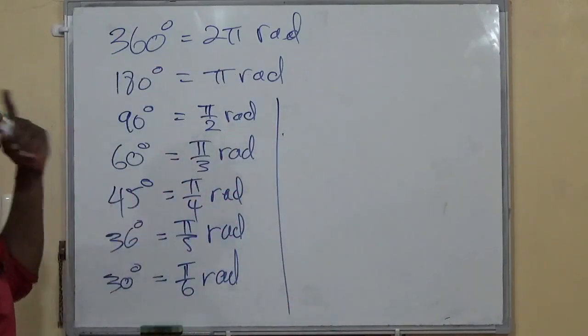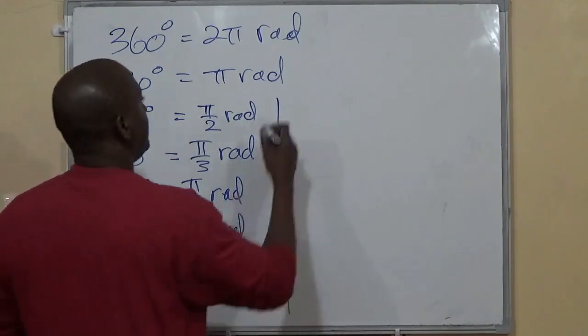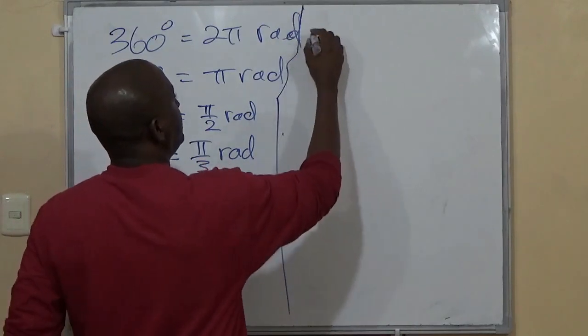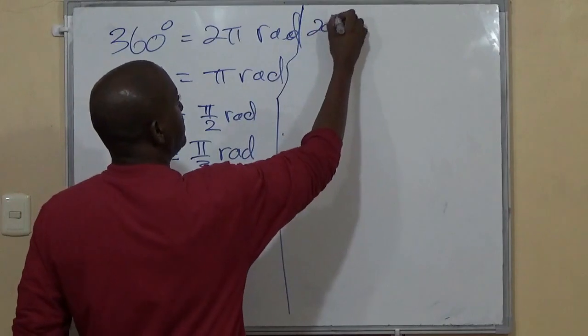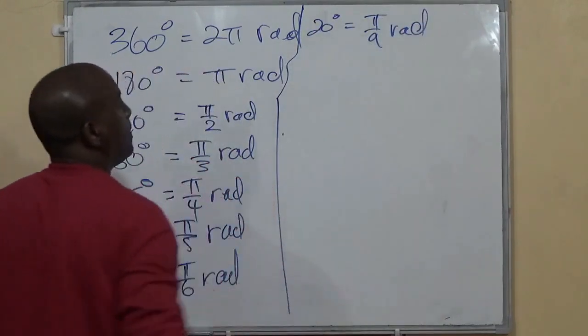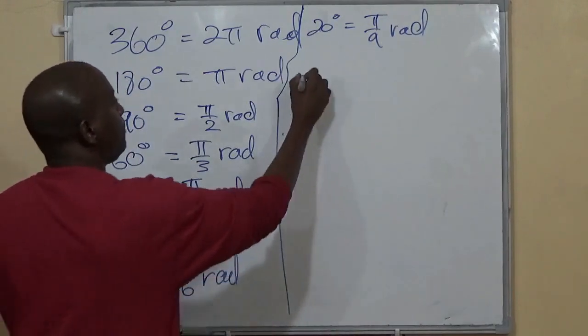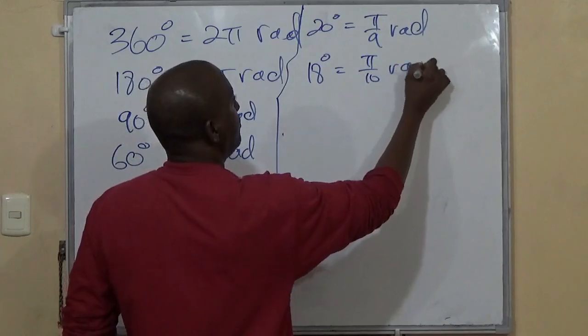So we divide 180 by 9. 180 by 9 is 20 degrees. So 20 degrees is equal to pi over 9 radians. We divide by 10. 18 degrees is equal to pi over 10 radians.